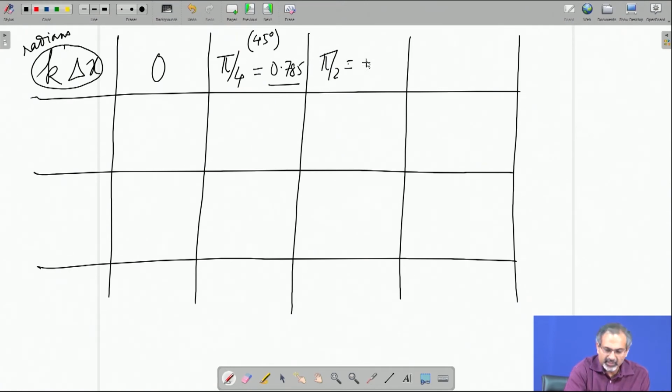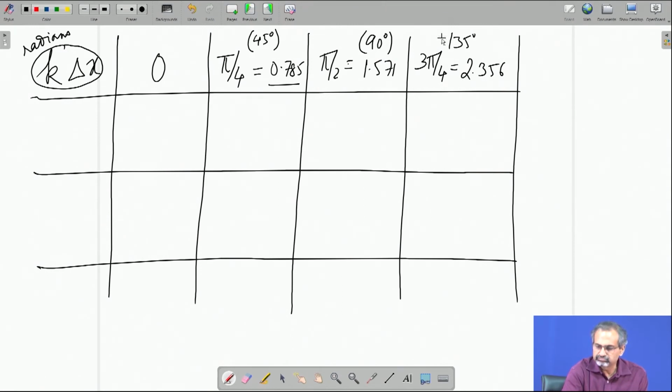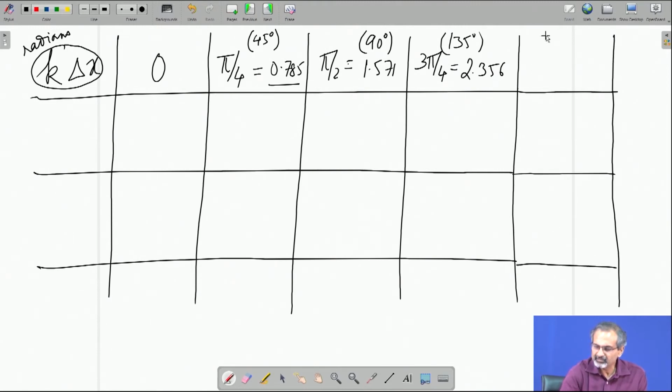For pi by 2 it is 1.571. This is the degree value, and then 3 pi by 4 would have a value of 2.356. Of course, they are approximate values, correct to 3 places after decimal, and the last value will correspond to pi. So, this is 180 degrees.